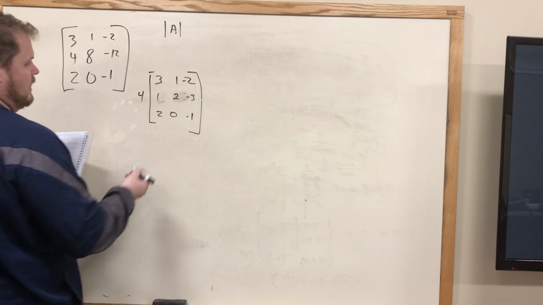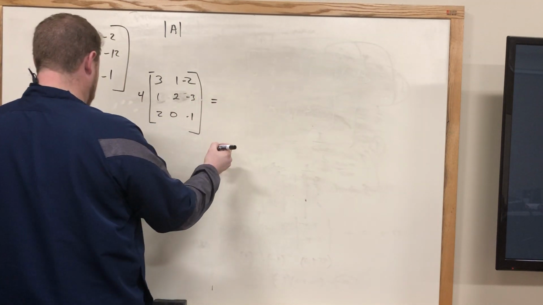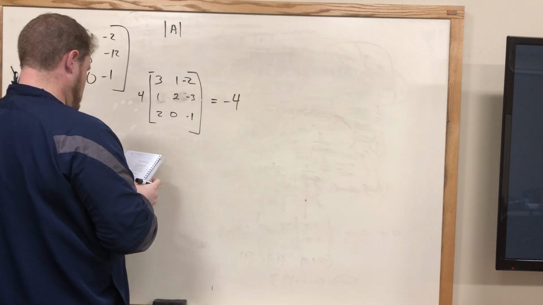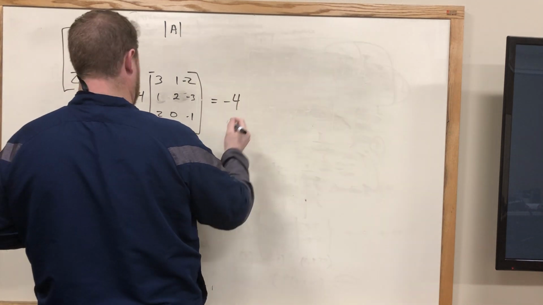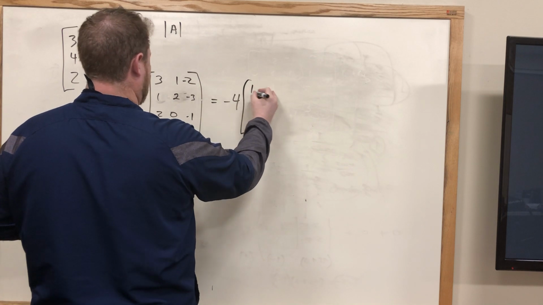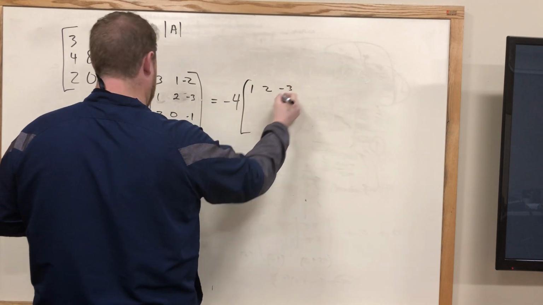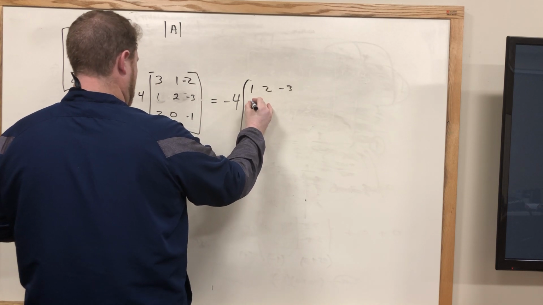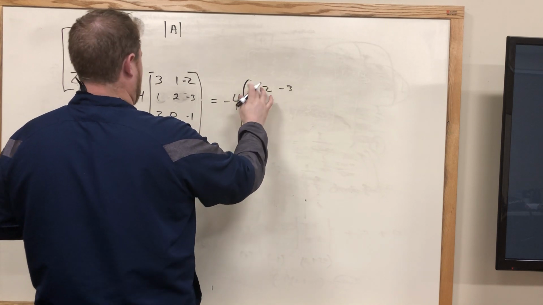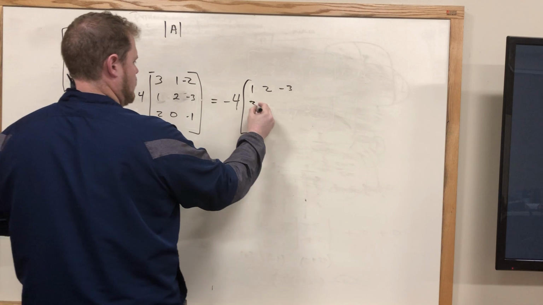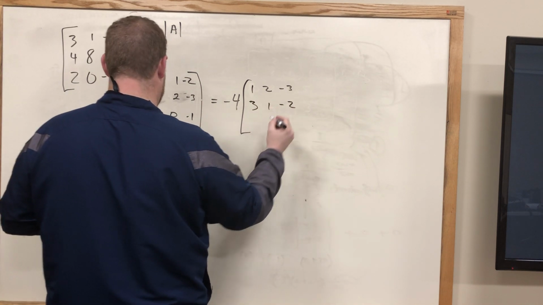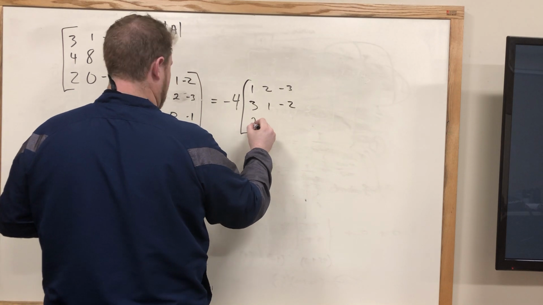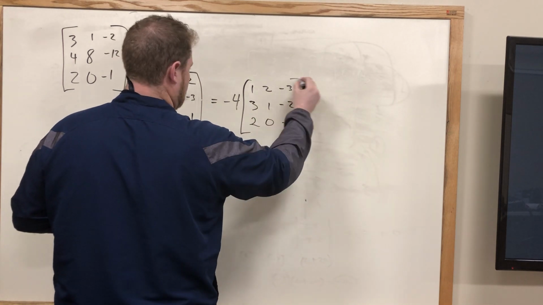What will happen is, interchange those rows, is going to be negative 4, 1, 2, negative 3. Oh, sorry. Yeah, 1, 2, negative 3. 3, 1, negative 2. So it changes the sign of my determinant. Remember that, 2, 0, negative 1.